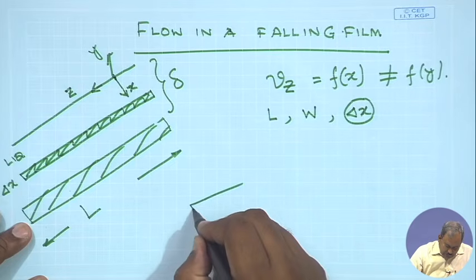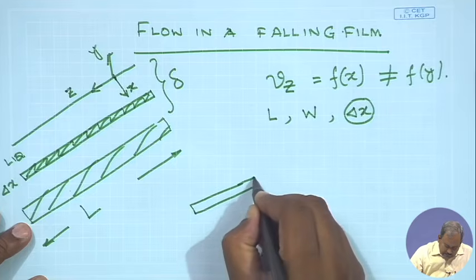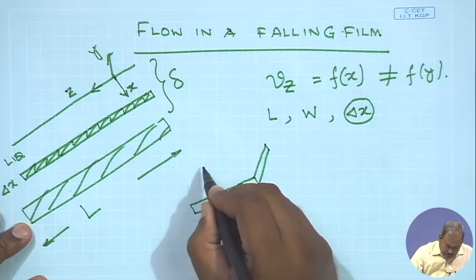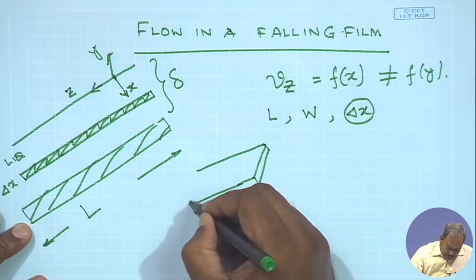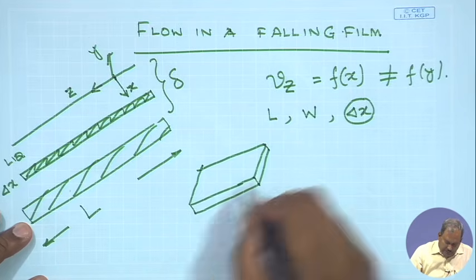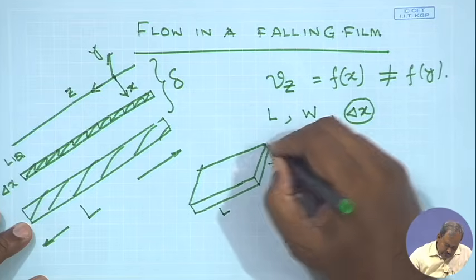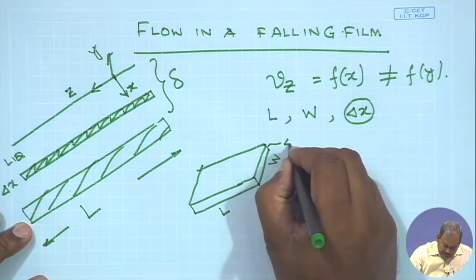So, it looks something like this. This is the control volume, this is L, this is W, whereas this is delta x.